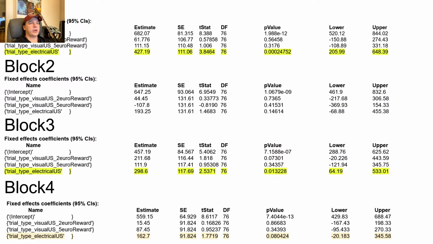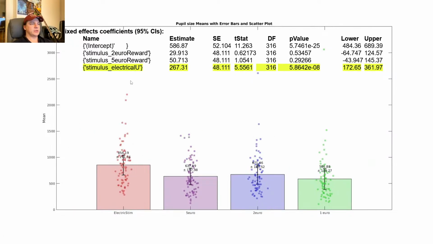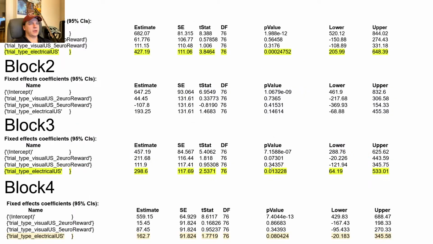Okay, when we analyze data inside each block, so now we're taking only the first block, we're doing the same as we've done here. Here we did the general mixed model for all 4 blocks, and here block by block. Once again, in the first block the electrical stimulation is higher than the 2, 5, and 1 euro. 1 euro is taken as the reference. In the second block there was no difference.